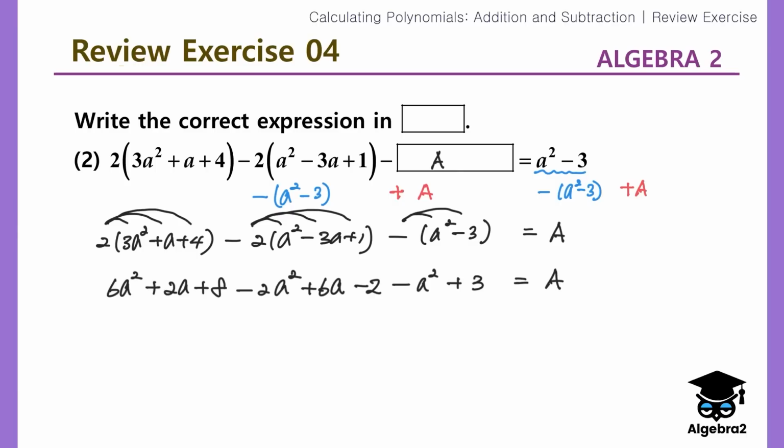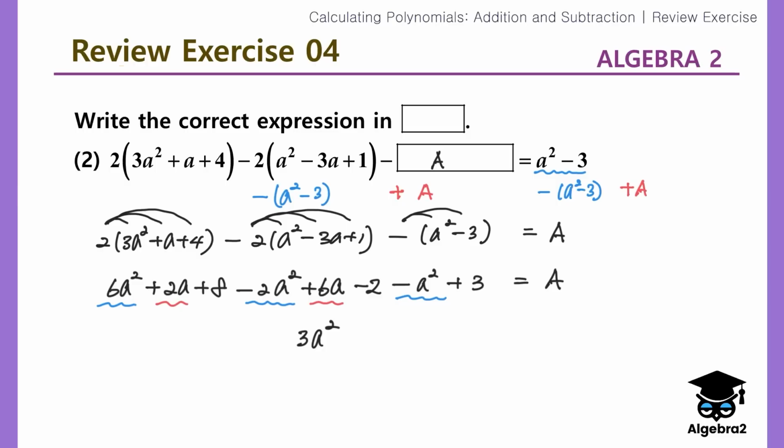So let's look at like terms. We have 6A squared minus 2A squared minus A squared. 6 minus 2 minus 1, that's 3, right? So that's going to be 3A squared. And we have 2A, 6A. Is that it?